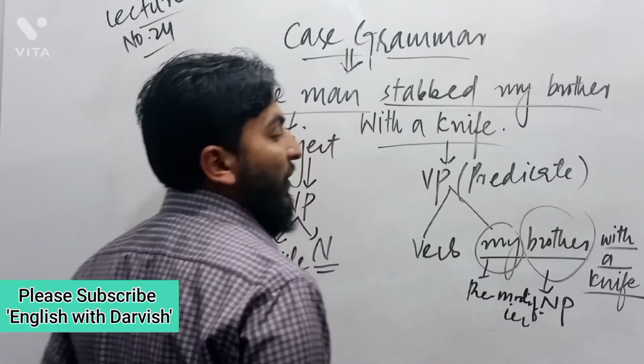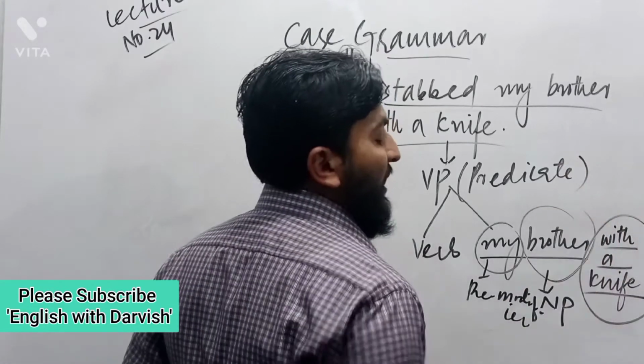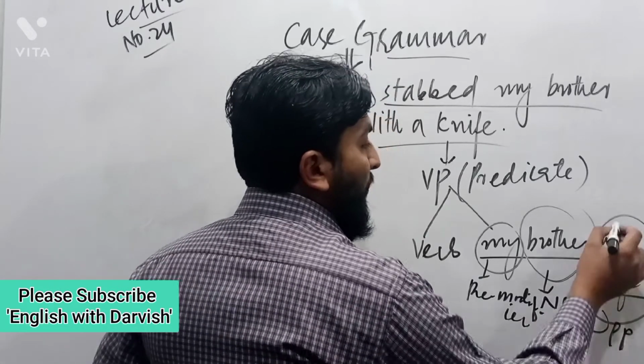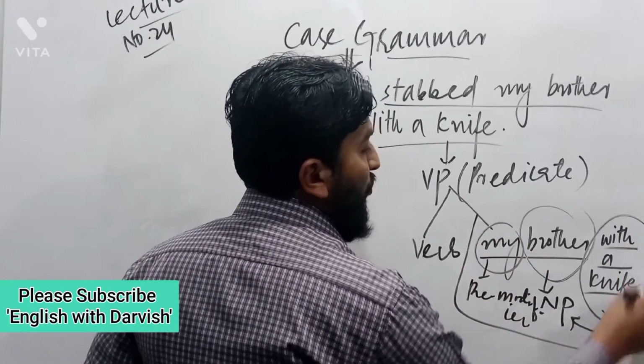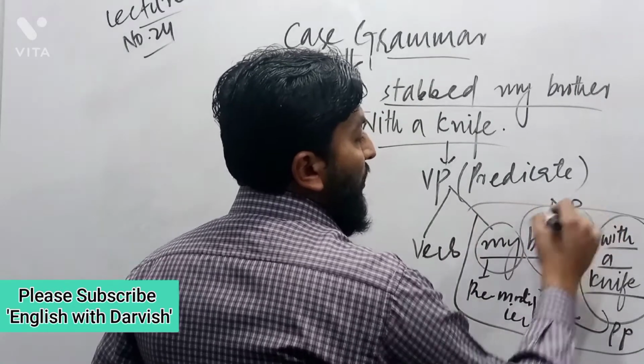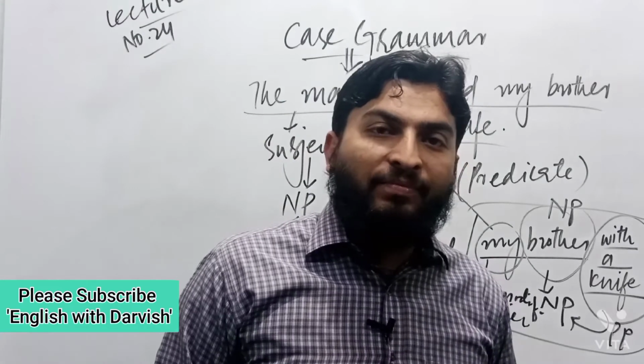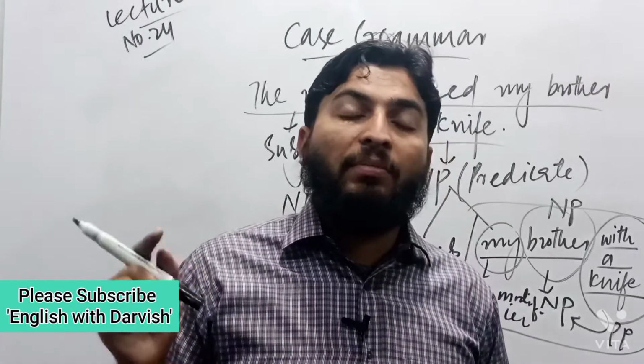My as pre-modifier, and with a knife, basically it is used as a post-modifier, as a prepositional phrase. But this is taken in the whole noun phrase. It means my brother had a knife and the man stabbed him with something else.